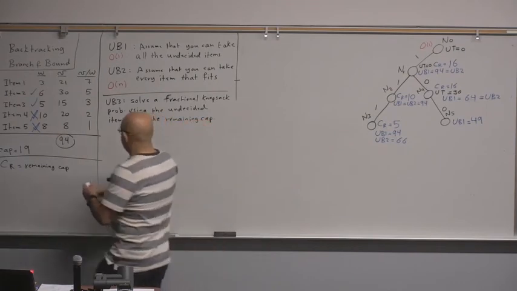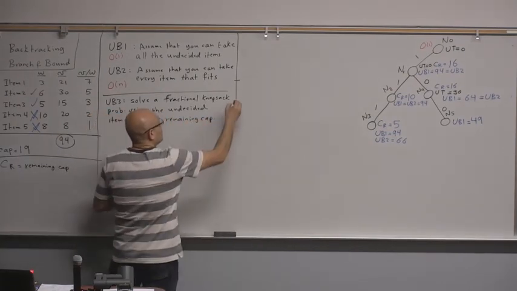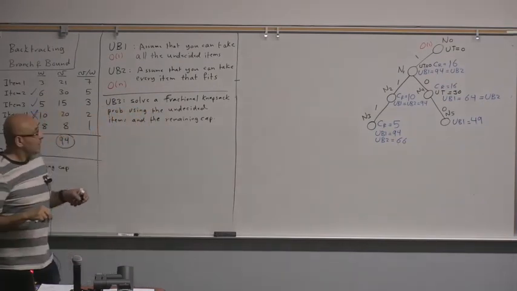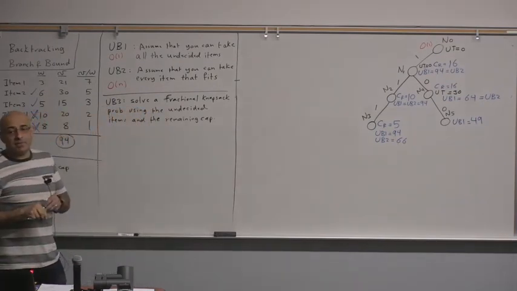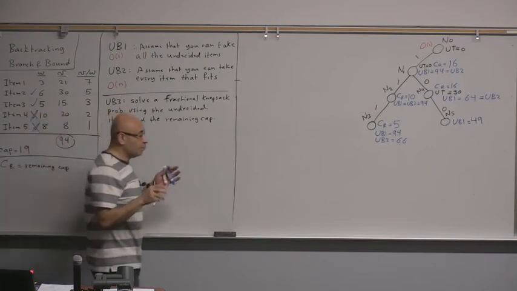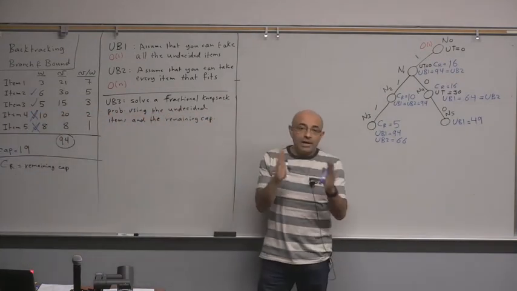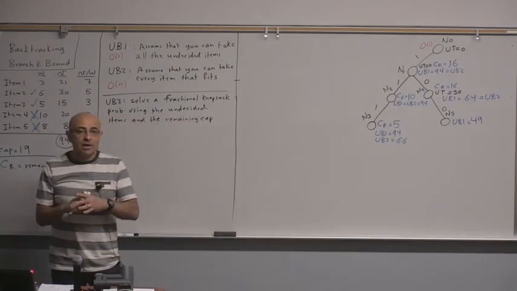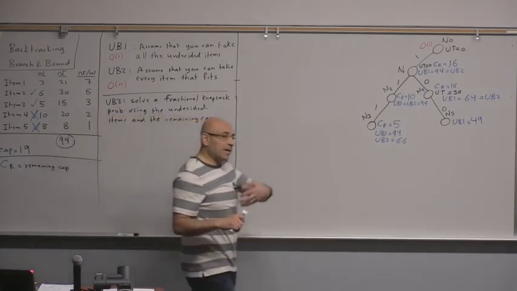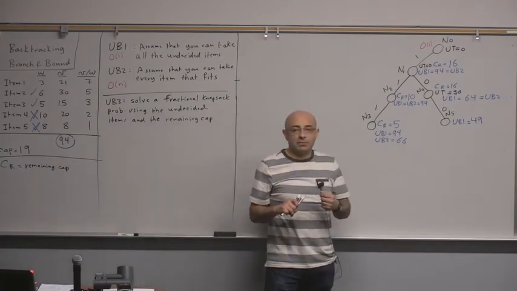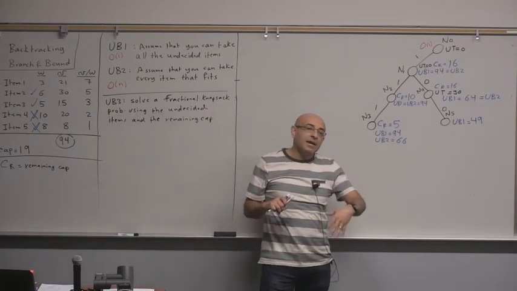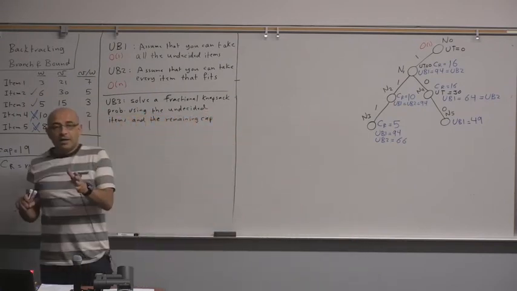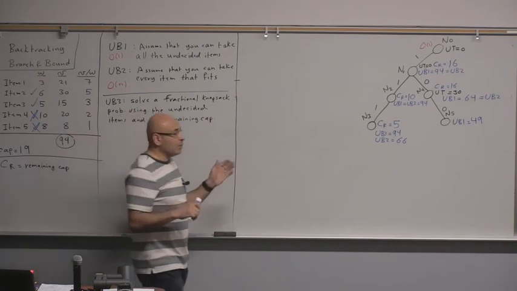Now, the idea of using the fractional knapsack is something that we can apply to many different problems. The idea is that we have two related problems, one of them is more constrained than the other. 0-1 knapsack is more constrained than the fractional knapsack. With fractional knapsack, you have fewer constraints. And with the 0-1 knapsack problem, you have more constraints.